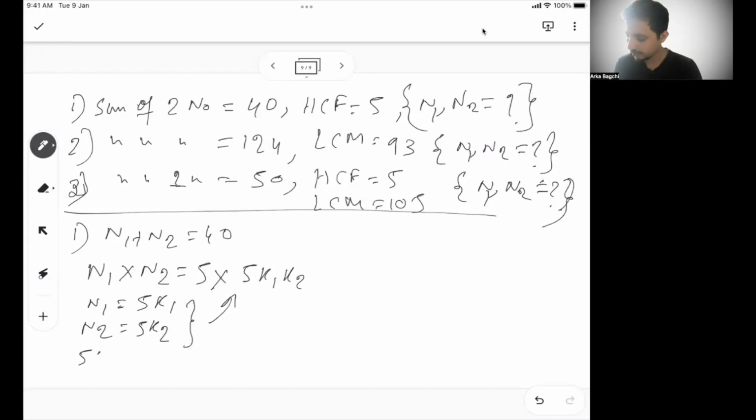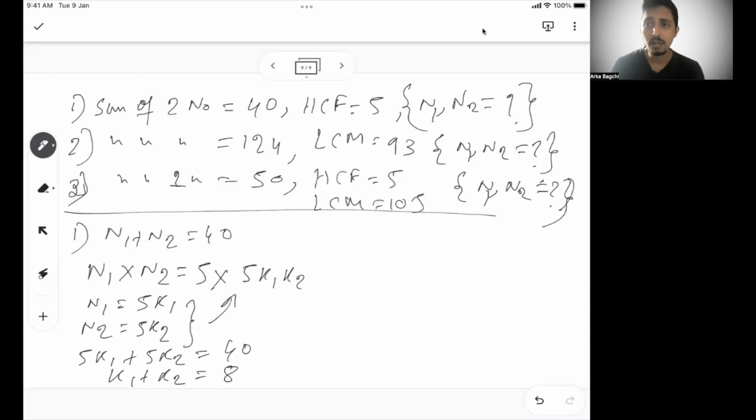So I can write 5K1 plus 5K2 as 40, or from here K1 plus K2 is 8. Now, if I know K1 plus K2 is 8, how many values can K1, K2 take?